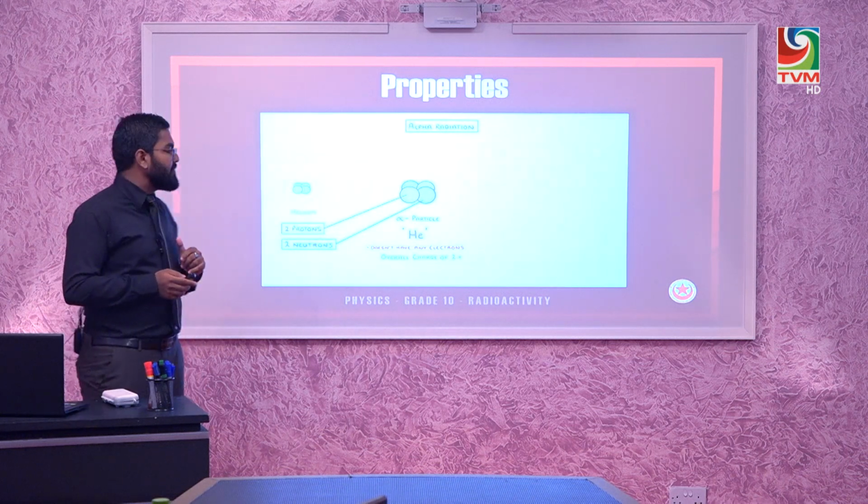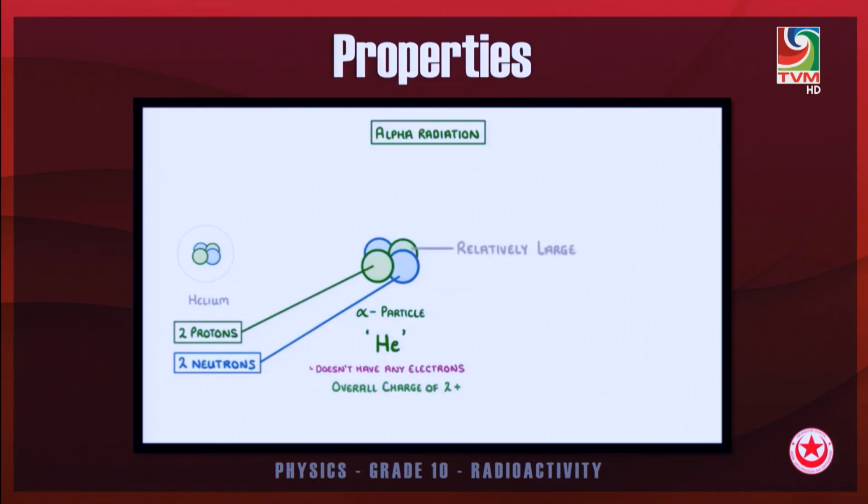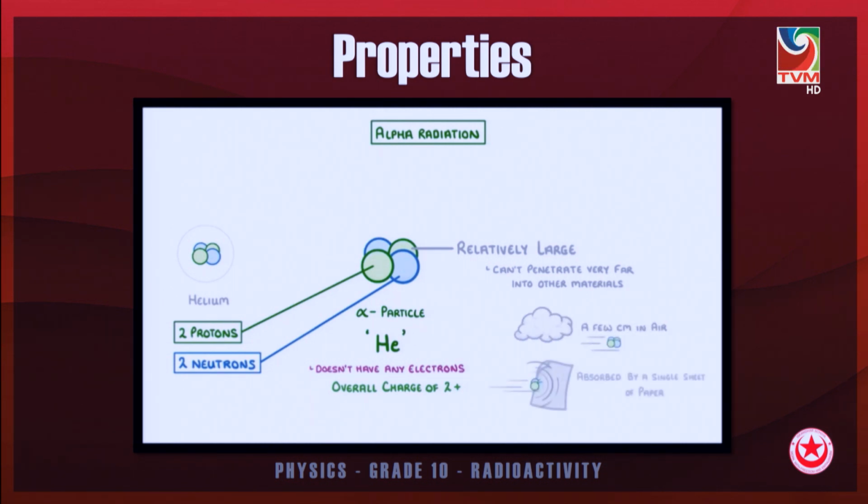It is relatively large, so when it moves through air, it loses its energy and cannot penetrate to further distances. It can only travel a few centimeters in air and is easily absorbed by a thin sheet of paper.